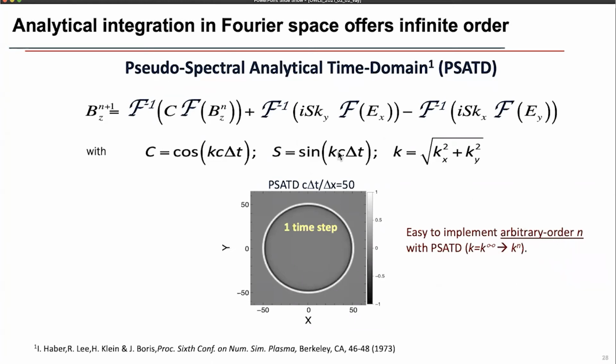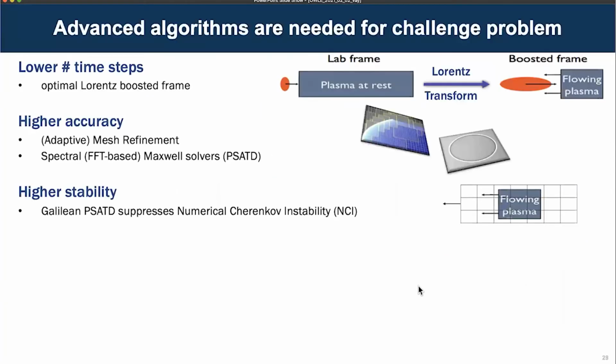By default here, because you use k directly, the wave number, for your derivative, it's equivalent to an infinite order derivative, but you can approximate that with some arbitrary order equivalent k, so that you can emulate any finite difference order with a Fourier solver, but the cost is constant and doesn't depend on the order. And that can be used, as you will see, to cure the numerical Cherenkov instability.